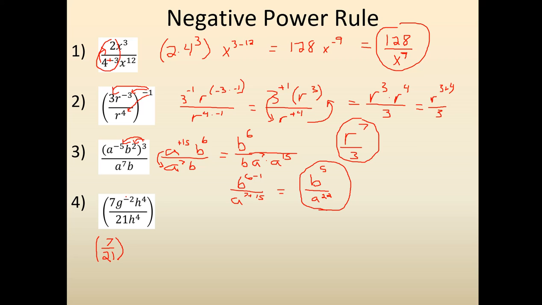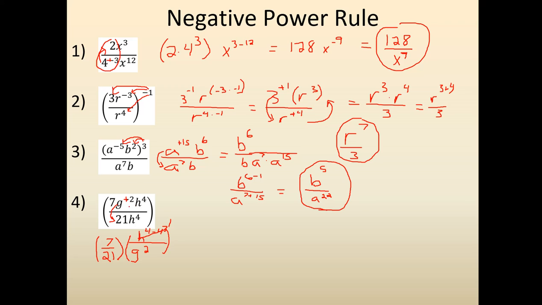The g to the negative 2, again, flip the sign and move it to the denominator, will become g to the positive 2. And then this being divided will become h to the 4 minus 4, or h to the 0, which we all know is 1.